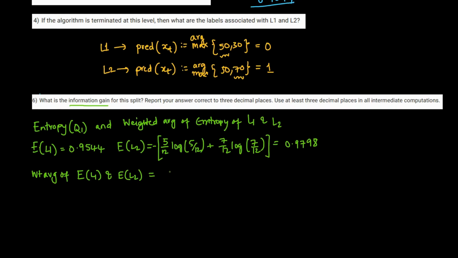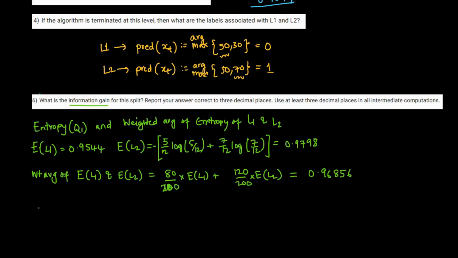There are 80 in L1, so I will say 80 by 200 times the entropy of L1 plus 120 by 200 multiplied by the entropy of L2. So this is the weighted average, right? Now this will give us 0.96856.